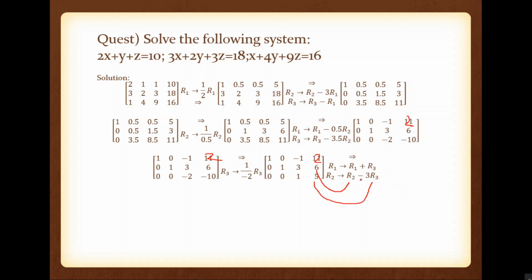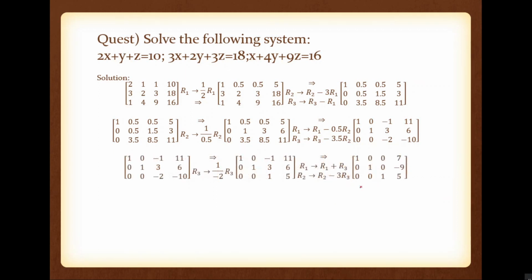Okay, so now we are going to find the solution. The final matrix is: this is 2, this is 2, this is 2. So 2 plus 5, 7. So this is correct. This is minus 9, this is 5. 1 0 0 7, 0 1 0 minus 9, 0 0 1 5.